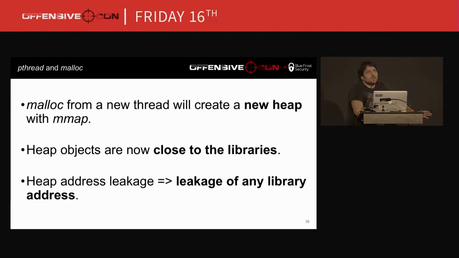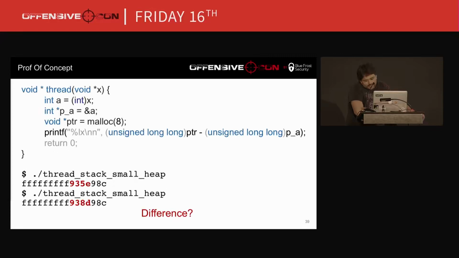It means that now your heap object is very close to the stack, to the libraries, and so on, much closer than the original heap. So if you leak something, you can calculate the address of libraries. But let's see a proof of concept.